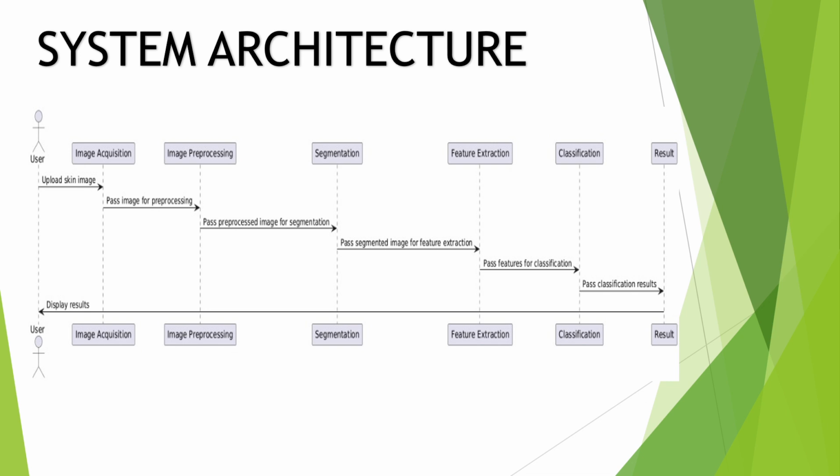The pre-processed image is segmented to isolate the region of interest. Features are extracted from the segmented image to be used for classification. The extracted features are passed to a classifier which predicts the class of the skin lesion. The classification result is obtained and passed back to the user.